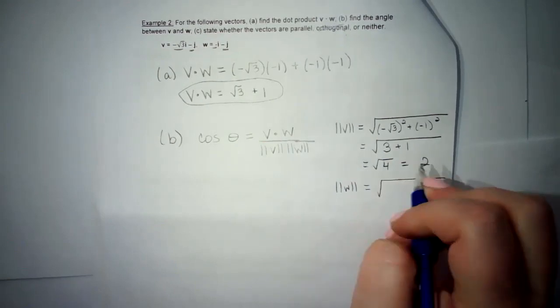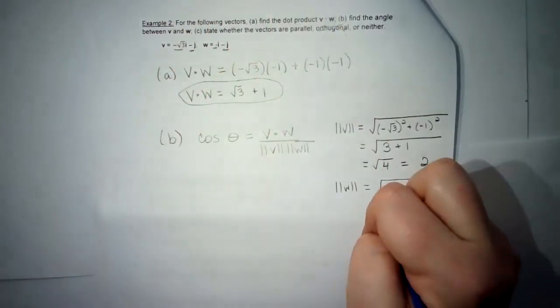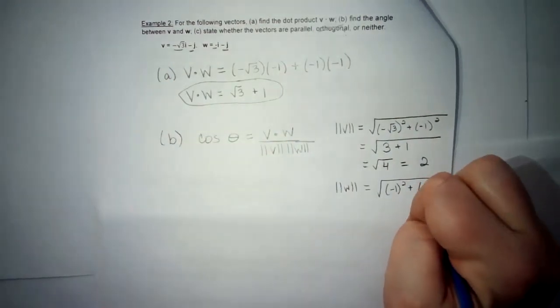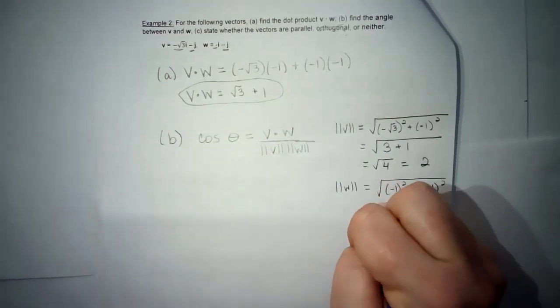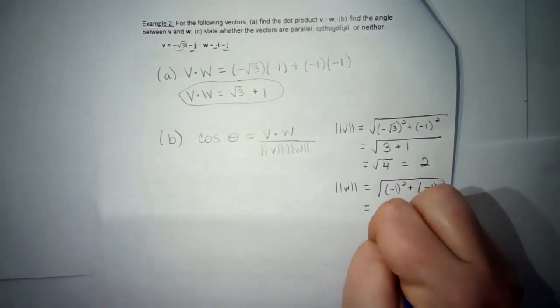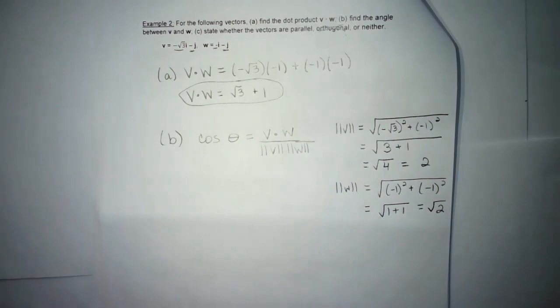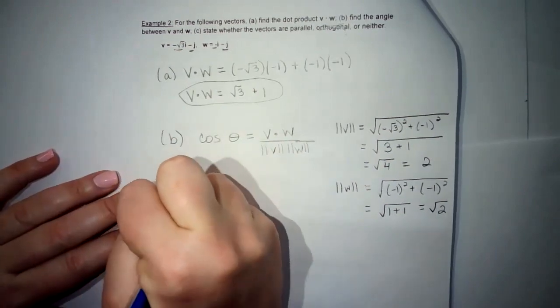Now let's find the magnitude of w. We're going to take the i component squared plus the j component squared. I'm going to just get positive 1 plus positive 1. That's a root of 2. Everybody okay on finding those magnitudes? All right, let's find our angle.